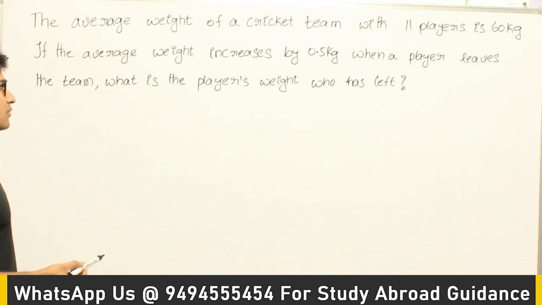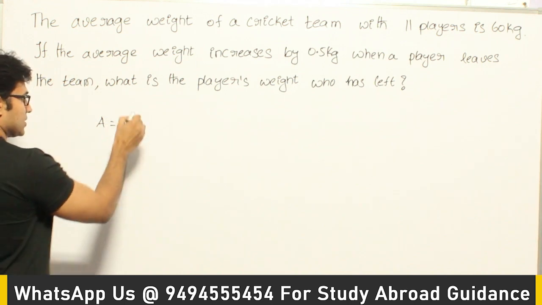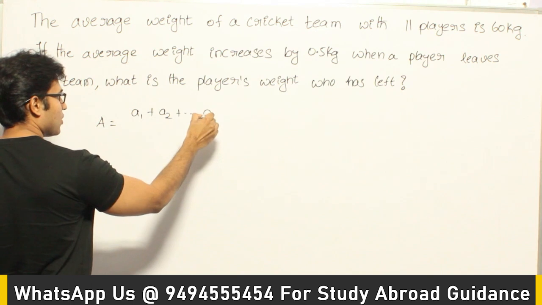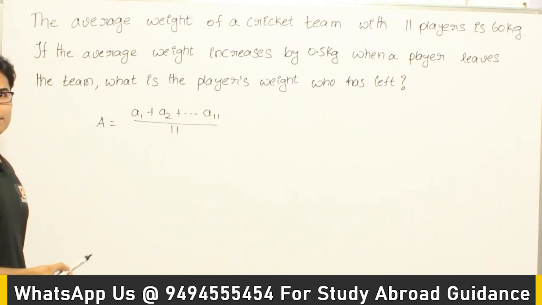One way of solving it is, we know that there are 11 players whose average is given, which means A1 plus A2 plus A3 and so on up to A11, divided by 11, is equal to the average, right?